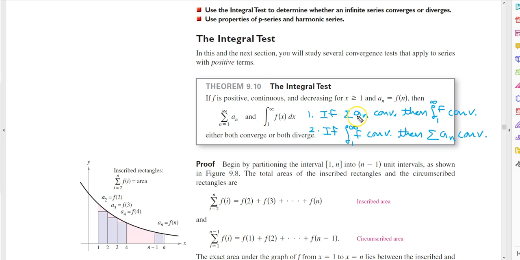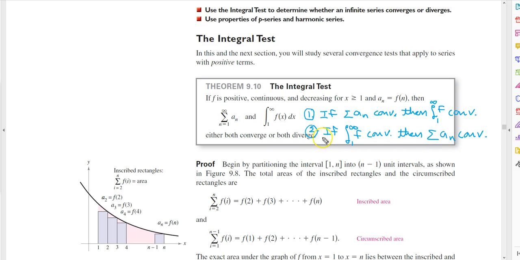It's saying if the series converges, then the integral converges, and if the integral converges, then the series converges. This is the same as saying the series converges if and only if the integral converges. So what we really need to do here is prove two things. We need to prove number 1 and number 2. So we need to prove two if-then statements.